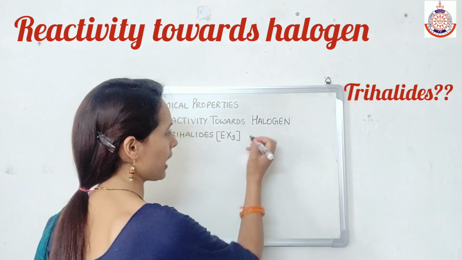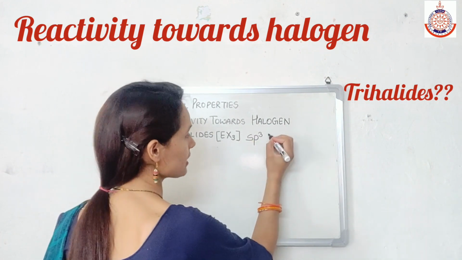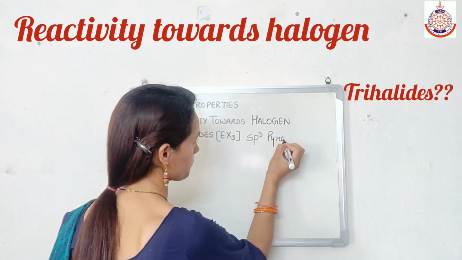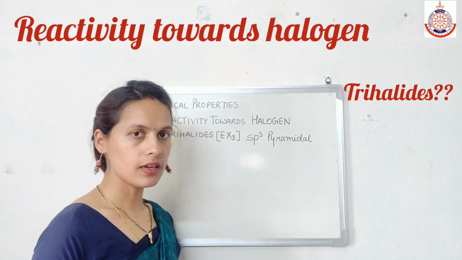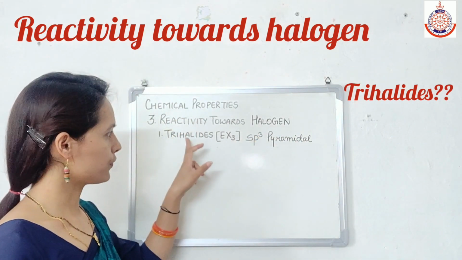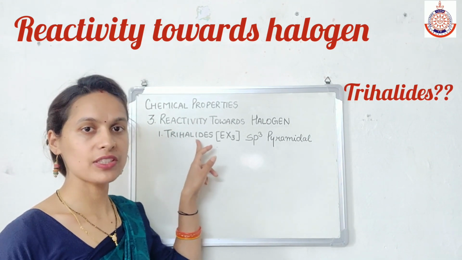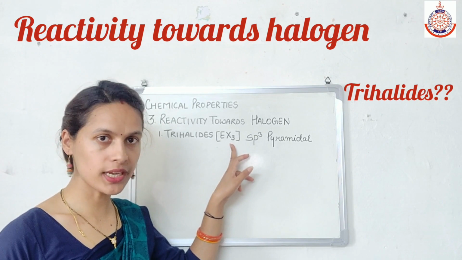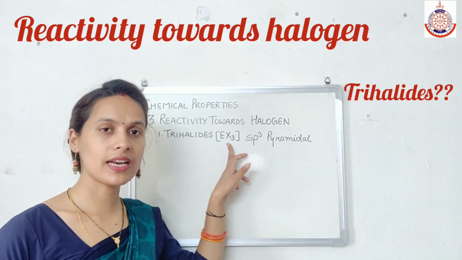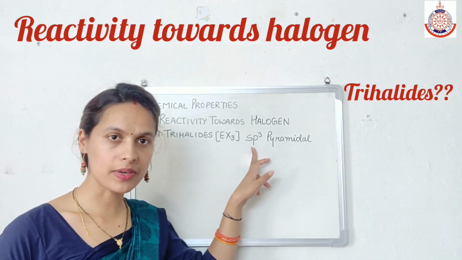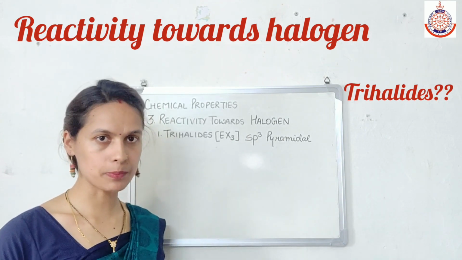In this also the hybridization of the central atom is sp3 and the shape is pyramidal. Clear? In these trihalides, the central atom undergoes sp3 hybridization and the shape becomes pyramidal.